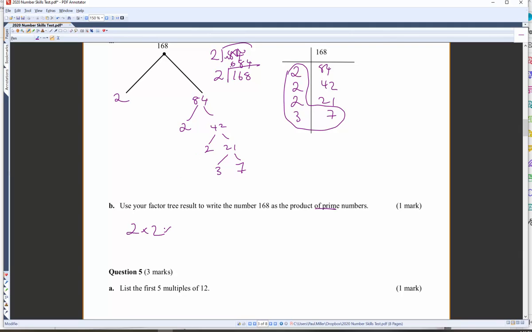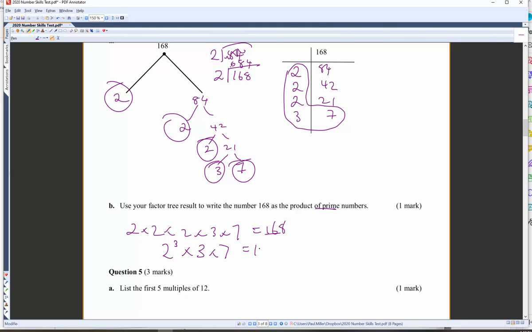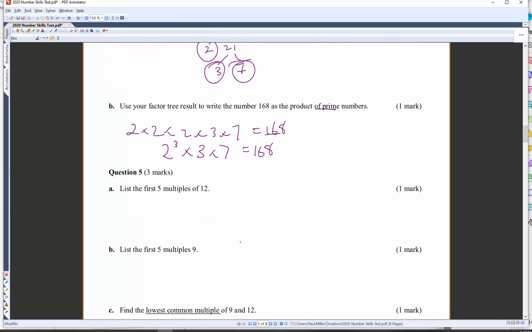So 2 times 2 times 2 times 3 times 7 must equal 168. So it's that number, that number, that number, that number, and that number. The prime factors equals 168. Many of you express that as an index, which is fantastic. Didn't have to, but that's good.